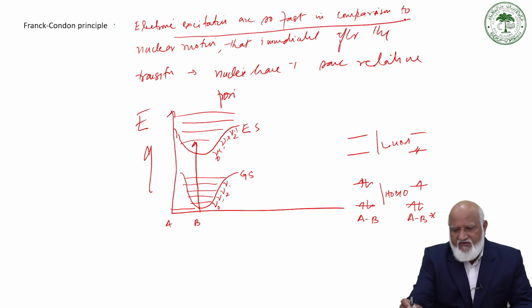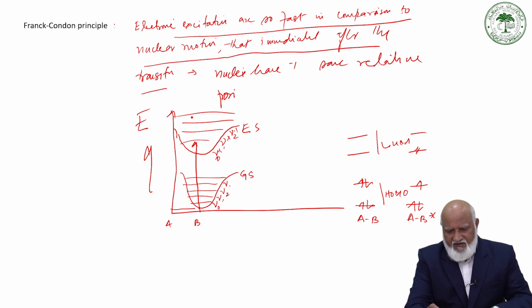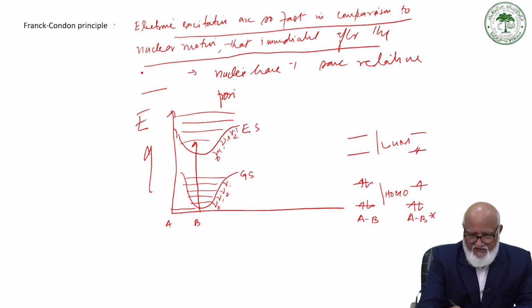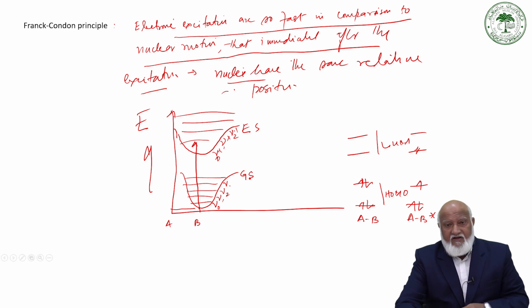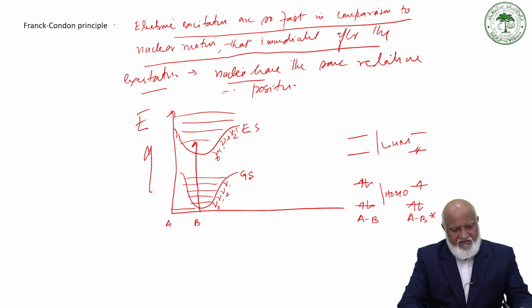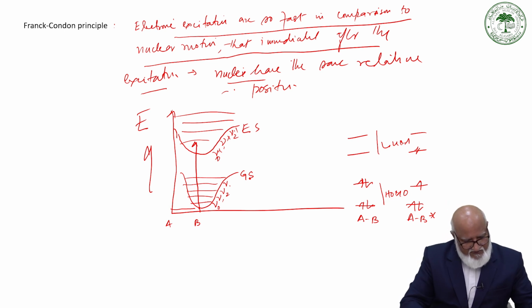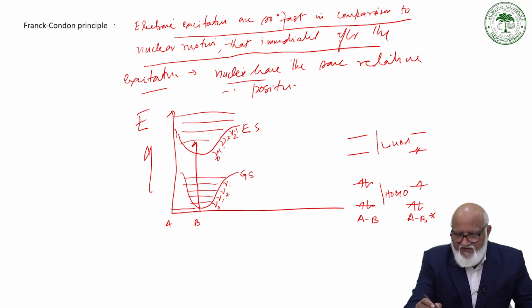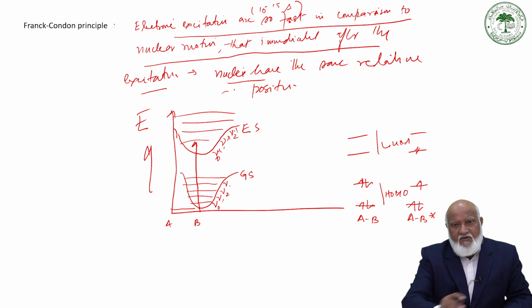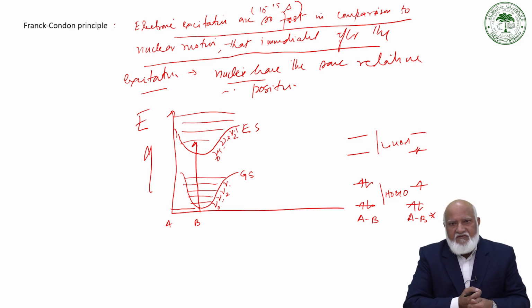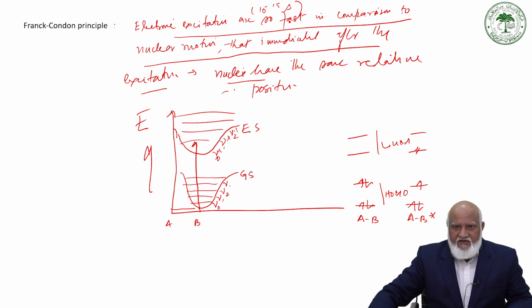Electronic excitation is so fast compared to nuclear motion, about 10 to the power minus 15 second, that immediately after excitation the nuclei have the same relative position they had before excitation took place.